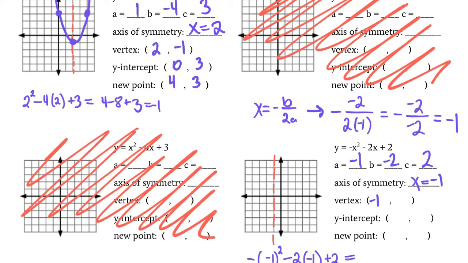So -1 squared, -1 times -1 is +1, but then we're still multiplying by that second negative sign on the outside. So it turns it to a -1. -2 times -1 is +2, plus 2. So we get an output of 3. So our vertex is at -1, 3. So right there.